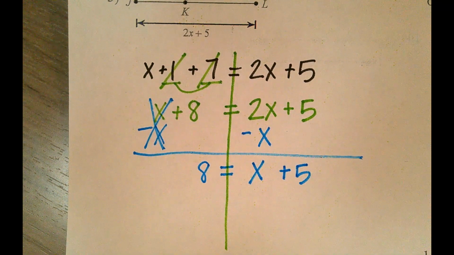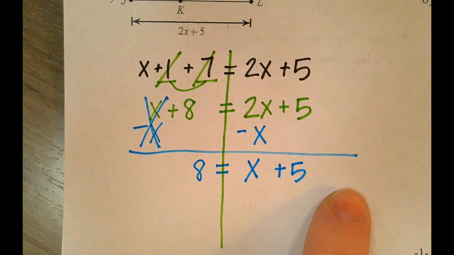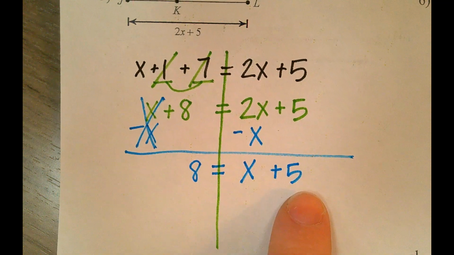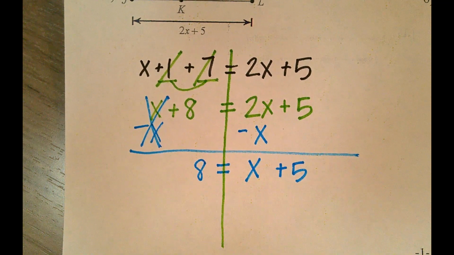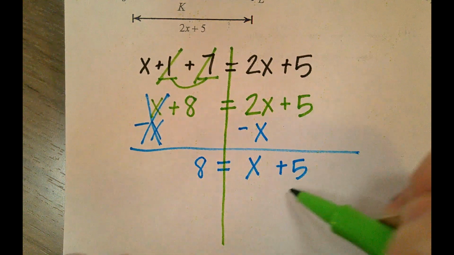Okay, now, we still have the same goal. We want to get x by itself. Subtract 5. Now, are we going to move the 8 or the 5? The 5. So if I want to get rid of plus 5, what do I do?